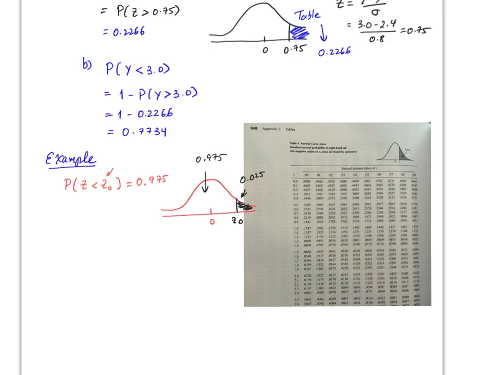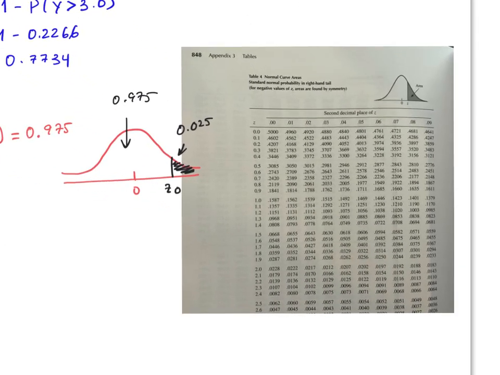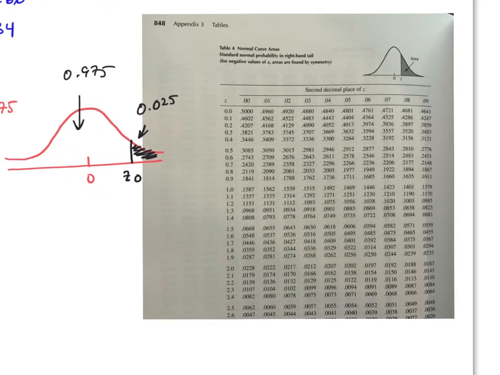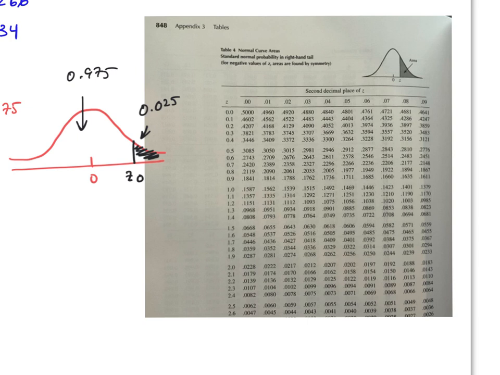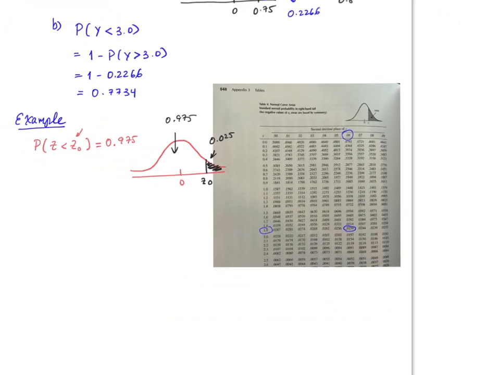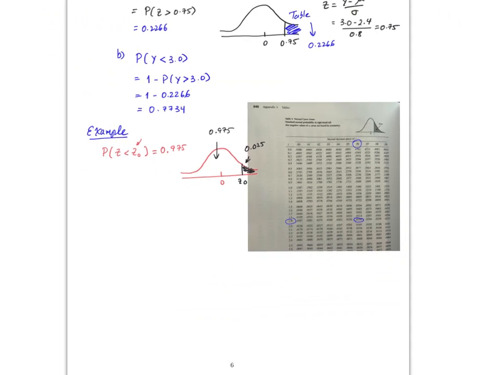So all you have to do is look for that value, 0.025. You will see it is exactly right here, which corresponds to 1.96. So therefore that came from 1.96. So that means that z0 has to be 1.96.